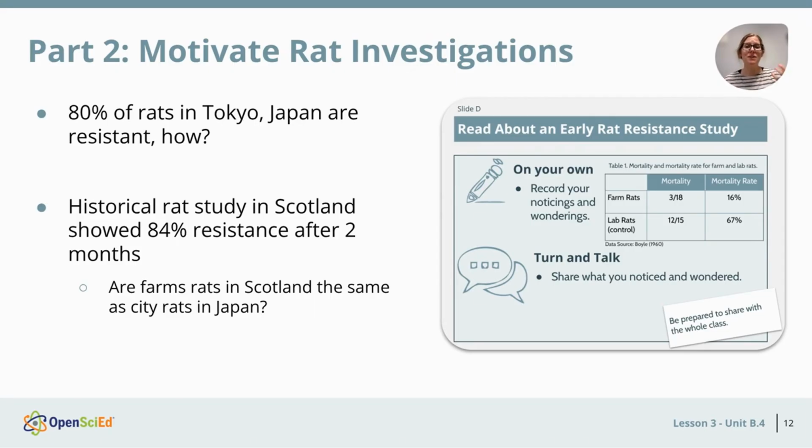And we're going to see that the resistant levels were pretty similar, 80% compared to 84%, and that in the historical rat study, that high increase of resistance happened after only 2 months, which was always a surprising fact for my students to figure out. And this leads to a question: are the farm rats in Scotland the same as city rats in Japan? Can we compare these 2 populations?